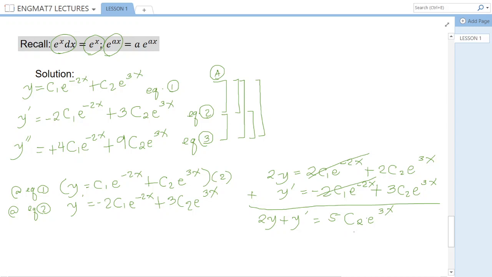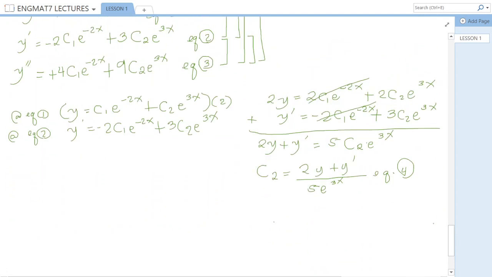Let us rewrite this in terms of c2: c2 is equal to 2y plus y prime divided by 5 e raised to 3x. That is your equation number 4.